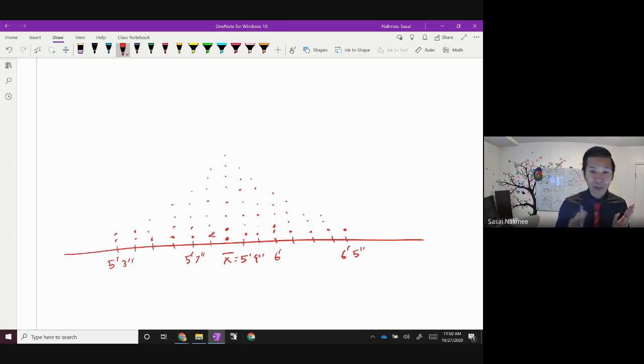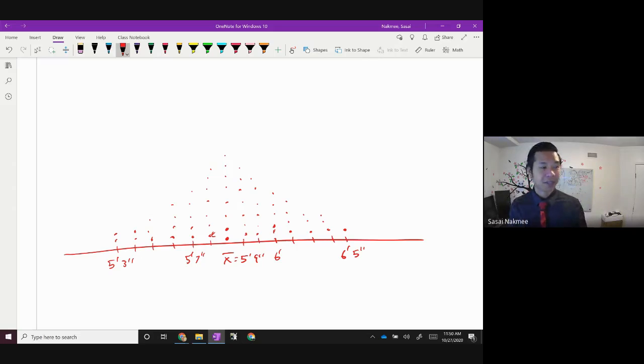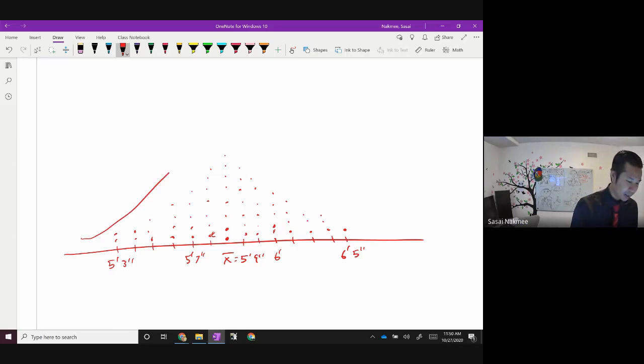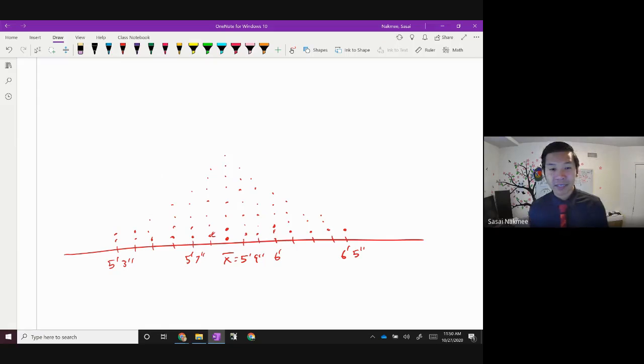What I'm saying is if you line up people by their height and you took 100 of them, it would look something like this. Now, what I think is neat is if you know what the standard deviation is. Let's say the standard deviation was 2 inches.